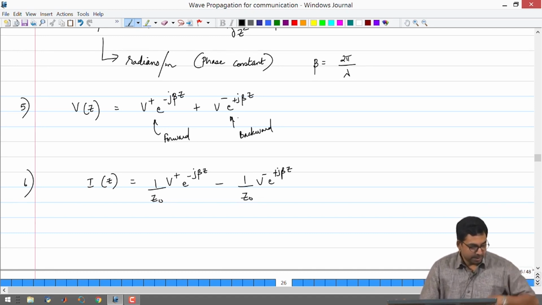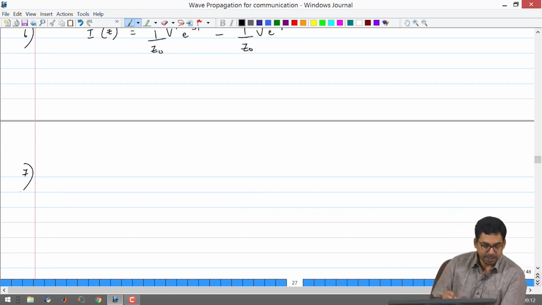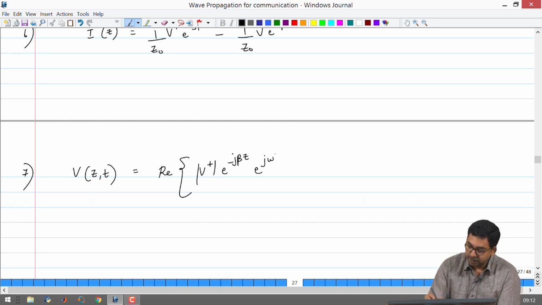Once we have this, we have to still establish some relationship with the solutions that we have seen in the past. So, we can say that the voltage is a function of space and time, that is how we started with, and the way we broke this down was it is a real part of some e^(−jβz) times e^(jωt).